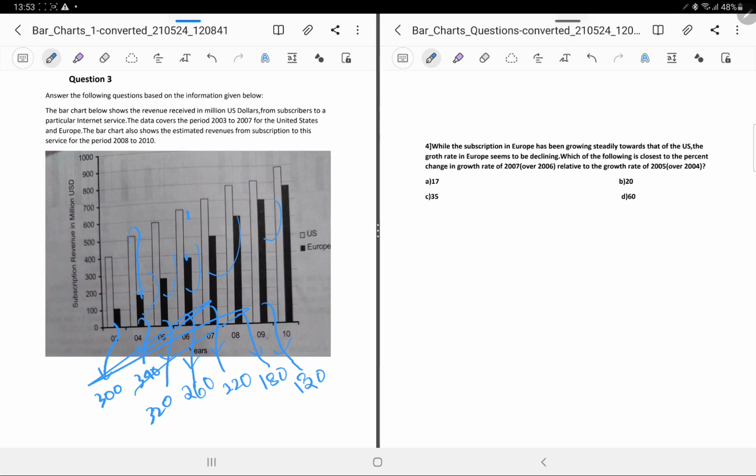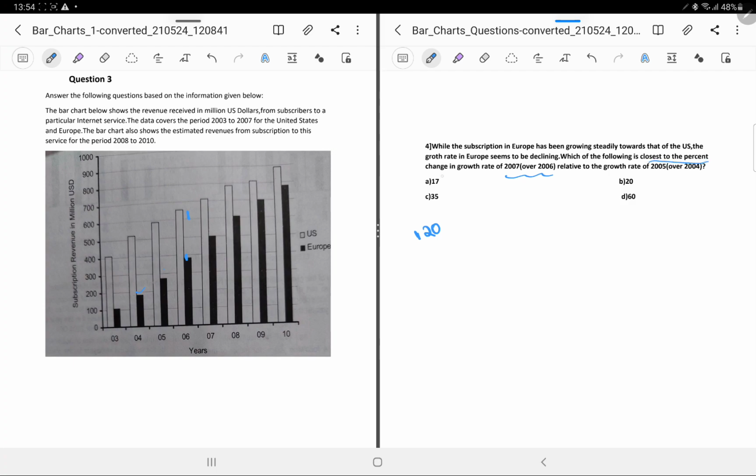Okay, so growth rate of 2007 over 2006. Just try and see this. Let's erase this because I don't see that there is any significance for this gap. Okay, let's try to see now. So 2007, I think they are talking about Europe. So for 2007, I think 120.